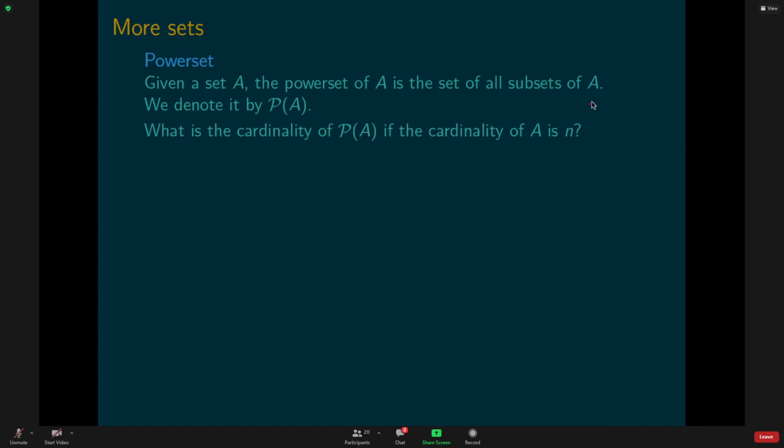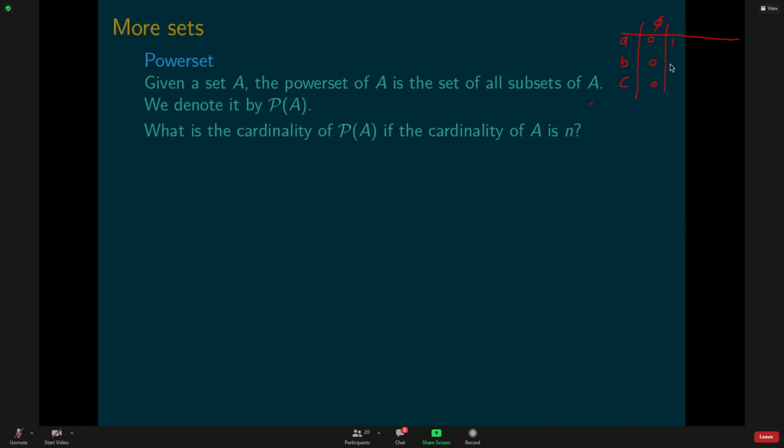Because let's say we have 3 elements in our set: A, B, C. Now, how do we construct subsets? First of all, don't take any of these elements. Then which set is this? This is the empty set.